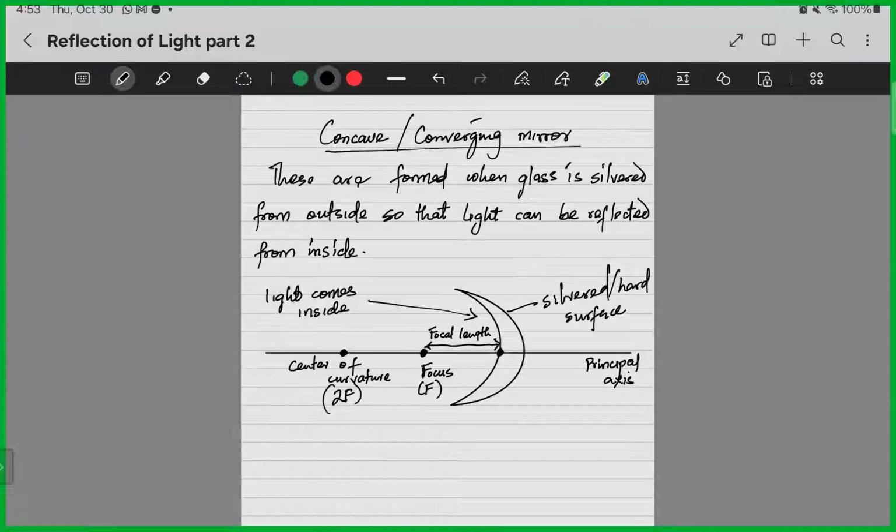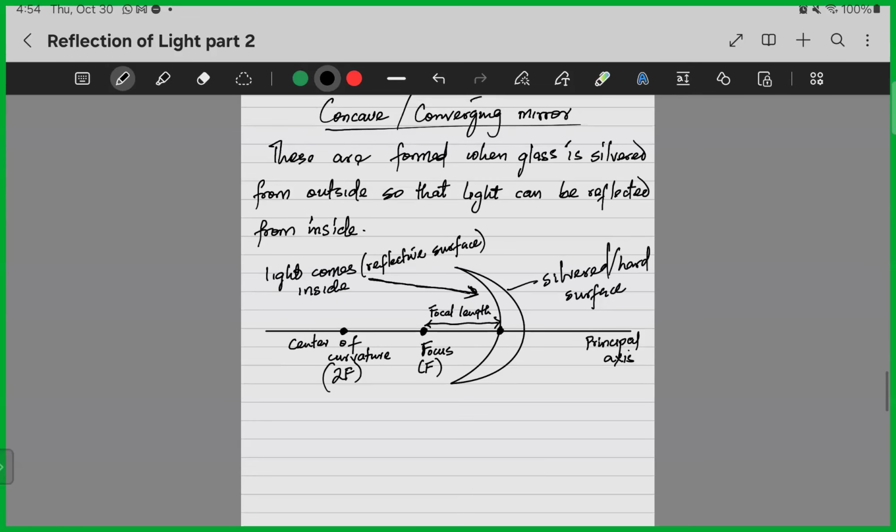So this surface through which light comes inside this place is called the reflective surface. Pay attention to that. So I believe you get that diagram.